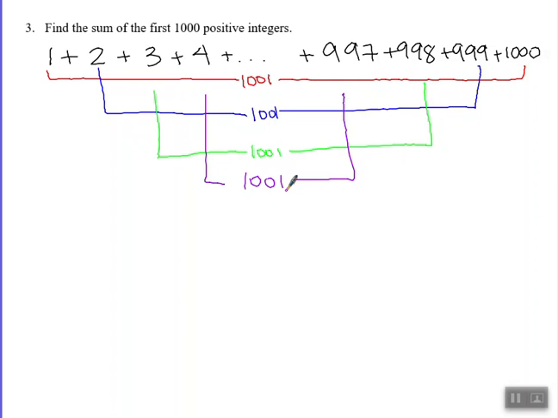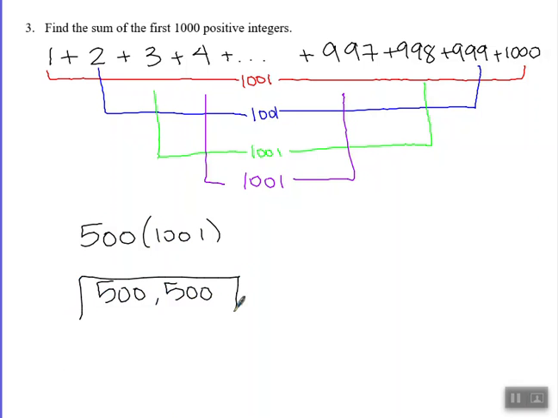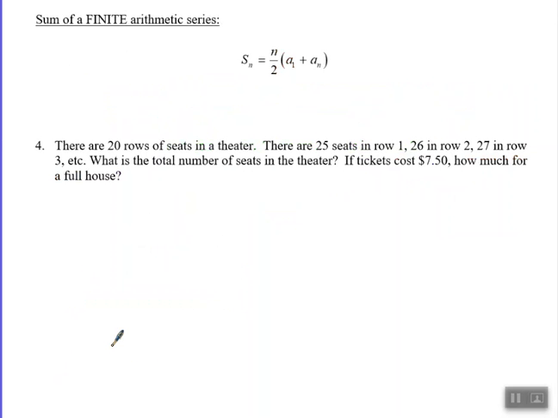How many pairs will we have? We'll have 500 pairs. So we can just do 500 times 1001, which gives us 500,500. But we do have a formula that can help us figure this out as well.